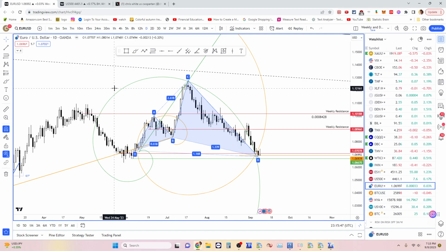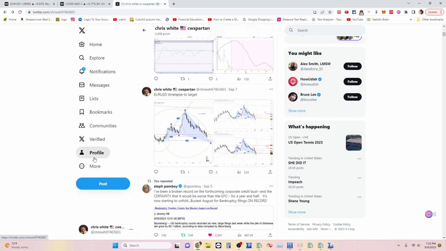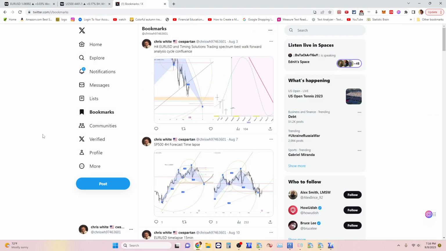But that's the most experience that I've gotten in terms of seeing what works. But showing further examples of that using timing solutions.